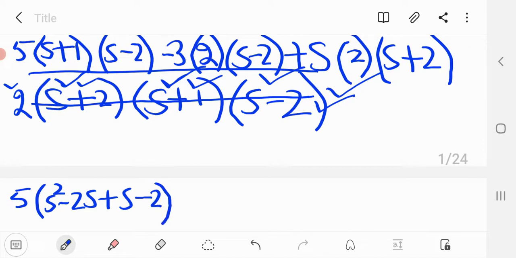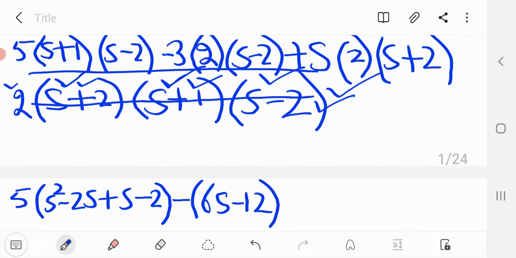So in these four terms 5 will be multiplied. Again minus 3 into 2 is 6. So 6 will be multiplied with s minus 2. It will become 6s. Bracket is important because minus changes the sign of all the remaining terms. So 6s minus 6 into 2, it will become 12.